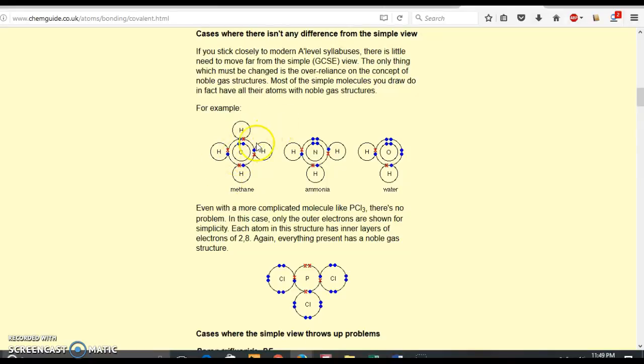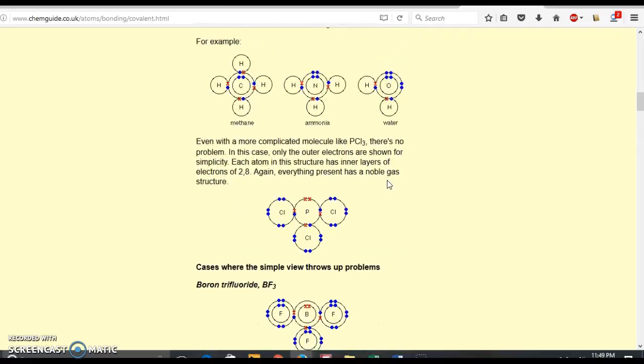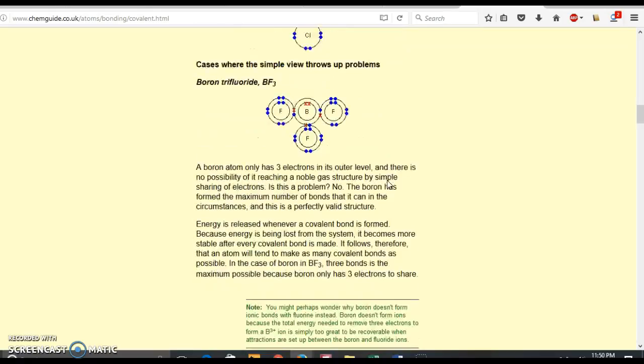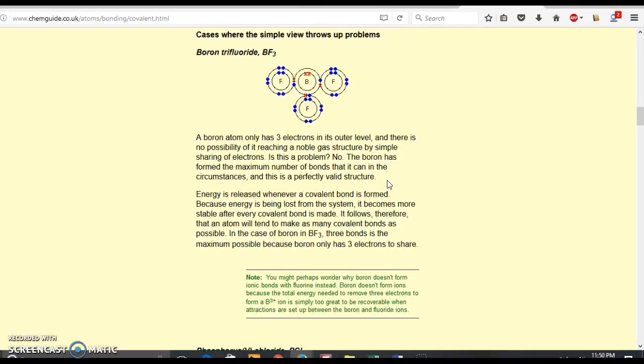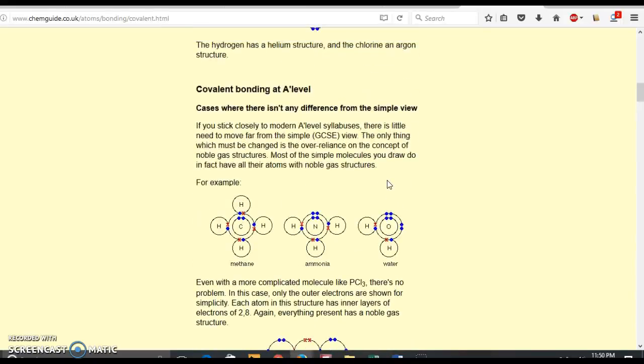So because of this, covalent compounds have a low melting point. For example, methane is a gas, ammonia is a gas, water is a liquid. Most covalent compounds are like that. They have softer physical properties. Now that sums up the major features and properties of covalent bonds.